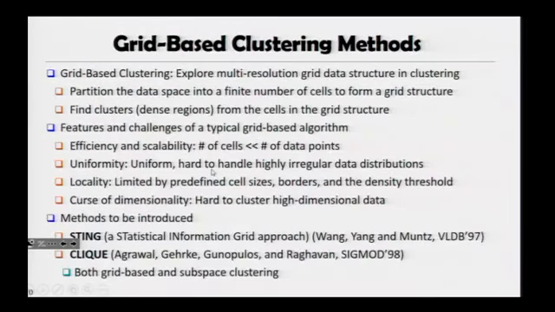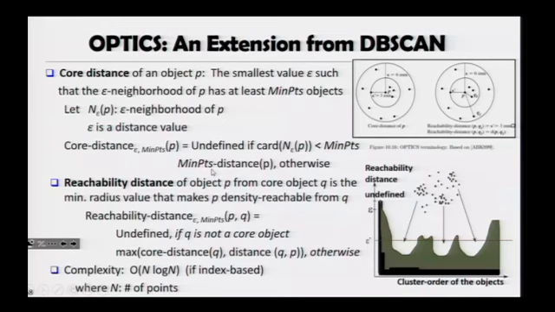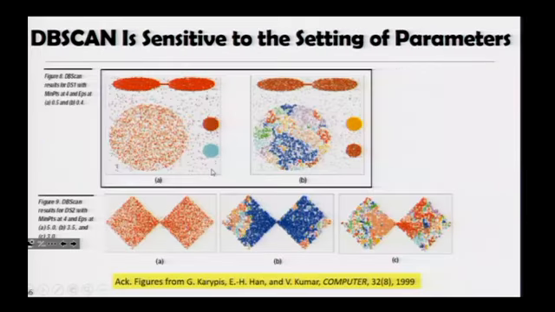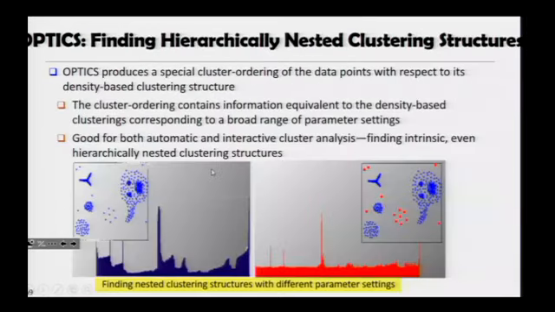So before I begin with the grid-based methods, any questions about these two density-based methods, DBSCAN and OPTICS? I think the reason I put these two algorithms here is, first, compared to the partitioning-based methods, the density-based methods have pretty good performance in handling outliers. In the algorithm I just introduced, you can see it has a very clear definition of what is an outlier point, what is a core point, and what is a border point.